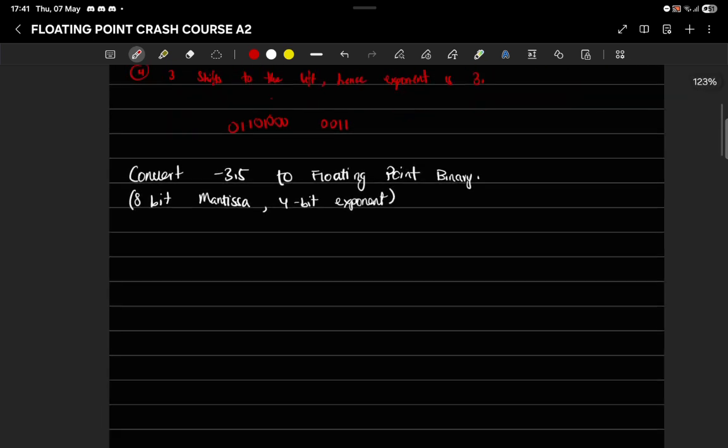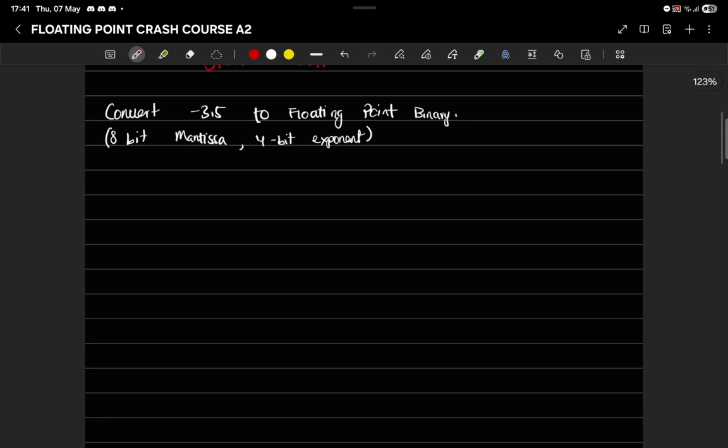Okay, moving on. If you have a negative number you want to convert to floating point, it's the same process but with a few extra steps. So the first thing, we convert positive 3.5 to binary, which would be 0011.1.